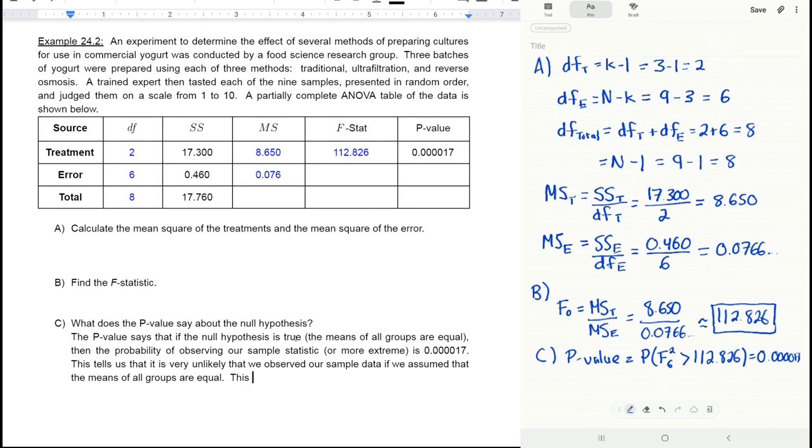And so this will provide strong evidence to conclude that at least one of the means differs from the group. And so we have very strong evidence against the null hypothesis.